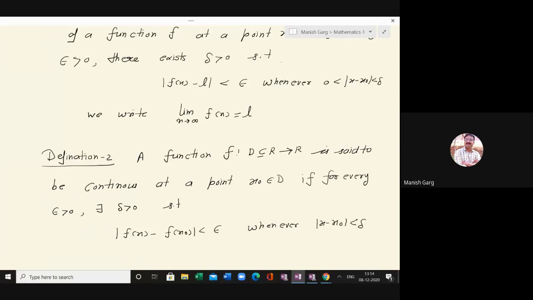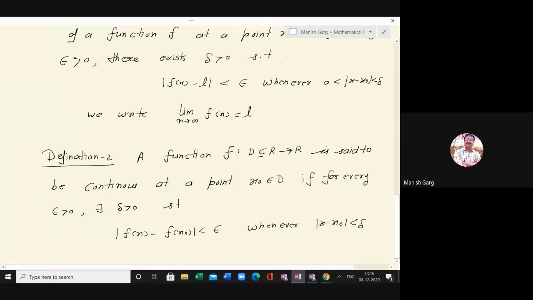Okay, Bhargav. So what is the difference? Please see here, in the case of limit, 0 is less than mod x minus x naught less than delta. In the definition of continuity, mod x minus x naught is less than delta.